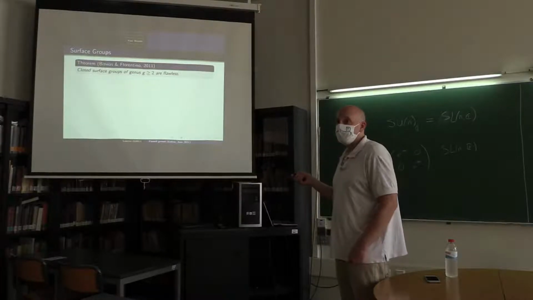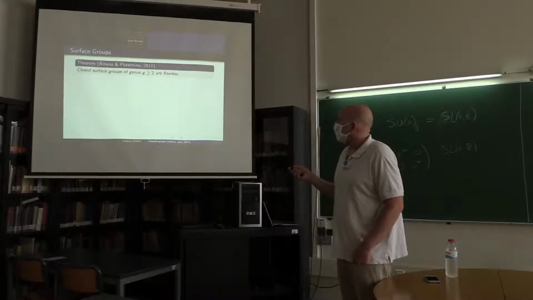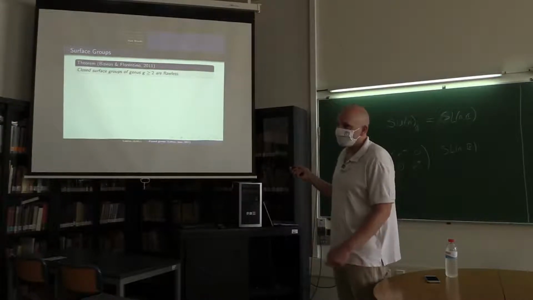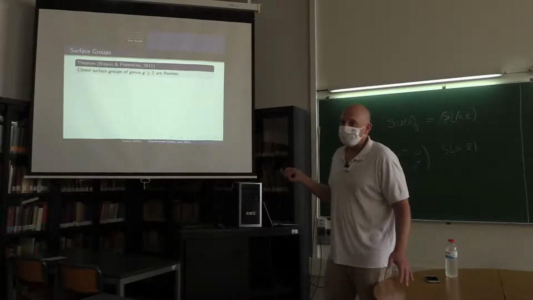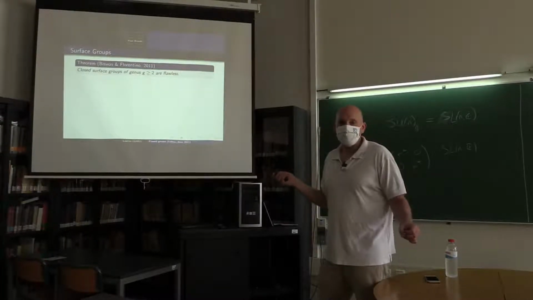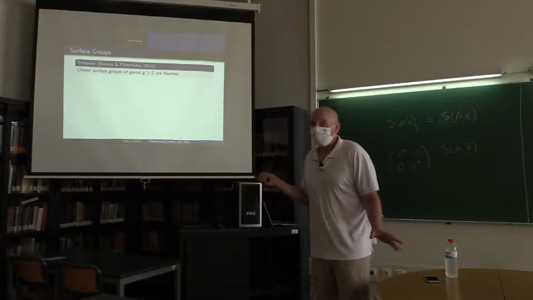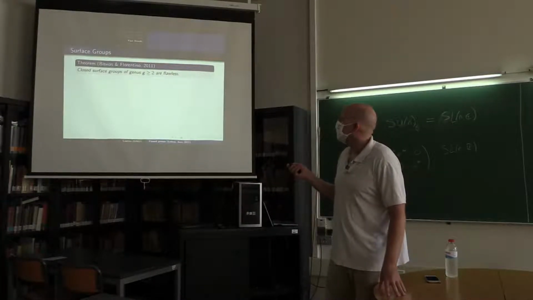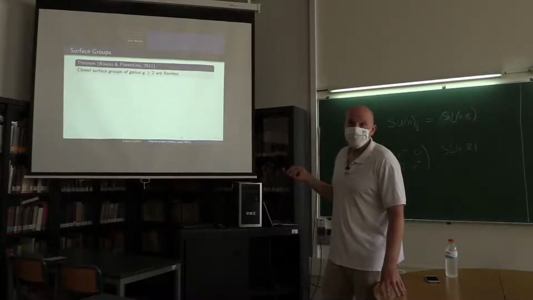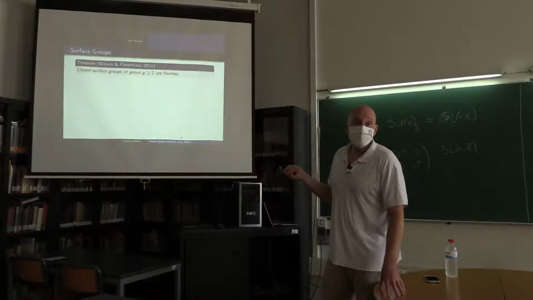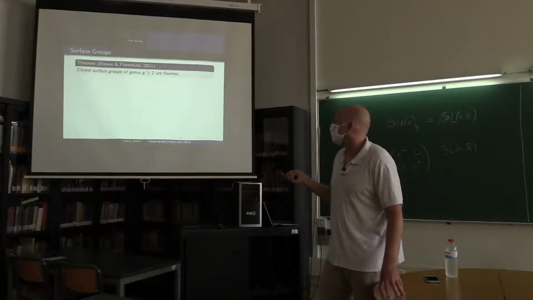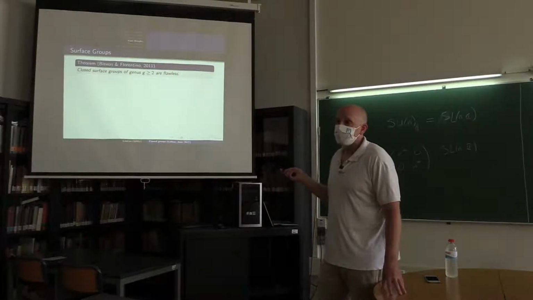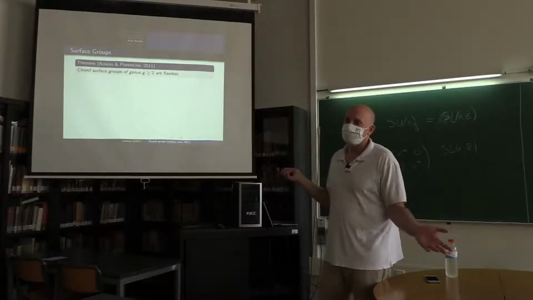But you could ask the question: are those counterexamples special, or do these deformation retractions always fail? And that's what they show. They show closed surface groups of genus at least 2 are flawed. Those deformation retractions for those finitely generated groups never work if G is not abelian. If G is abelian, then some things trivially work.